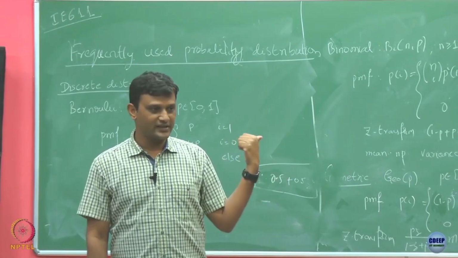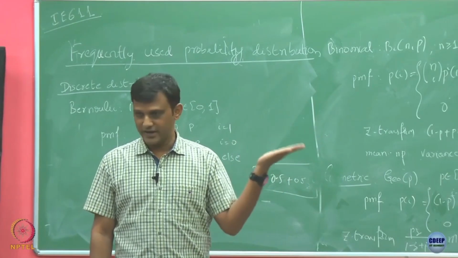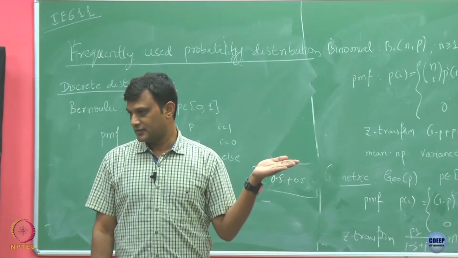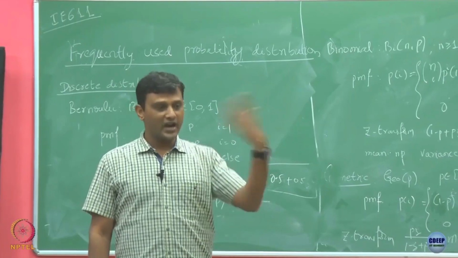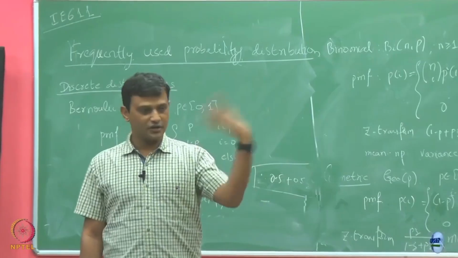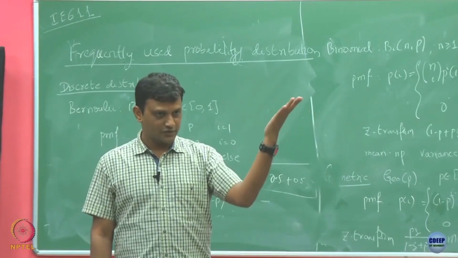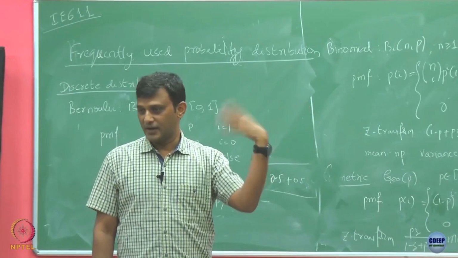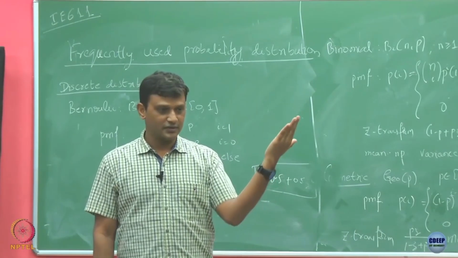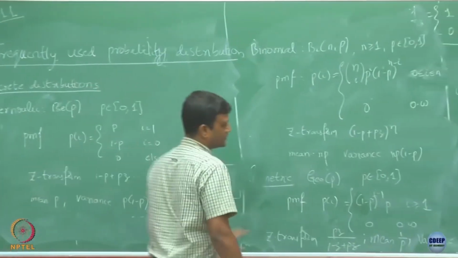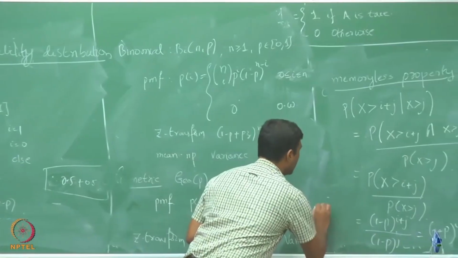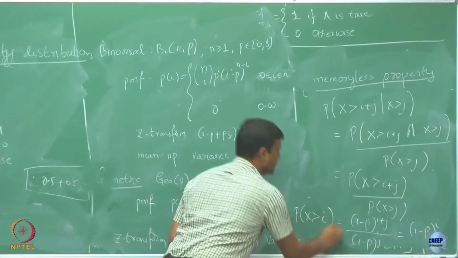Given that you already took more than j attempts, if you now ask about i more attempts in addition, the fact that you already took j attempts does not change your understanding of whether you need i more attempts. That's why we call this the memoryless property, and this is nothing but simply the probability that x is greater than i.